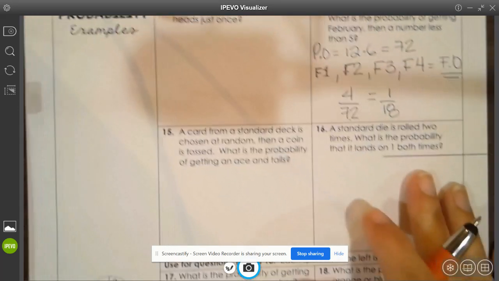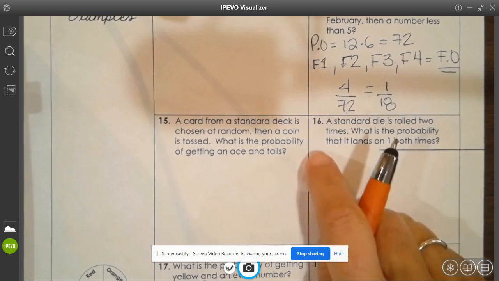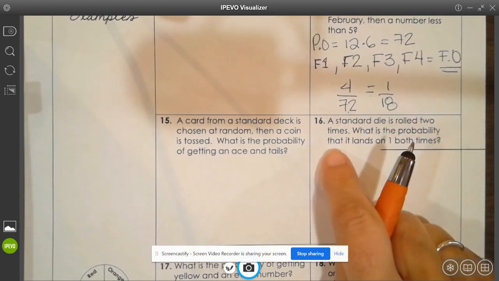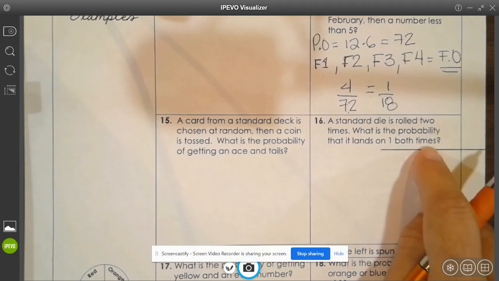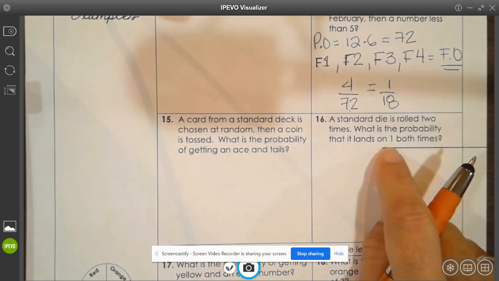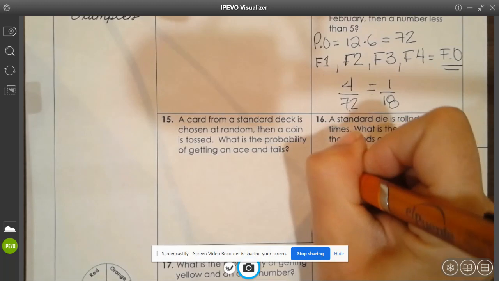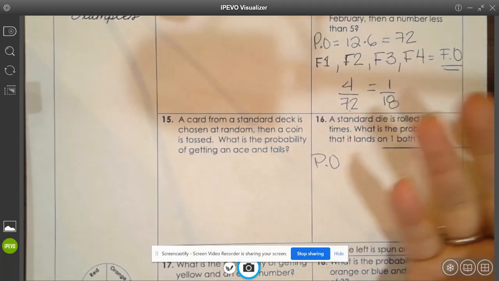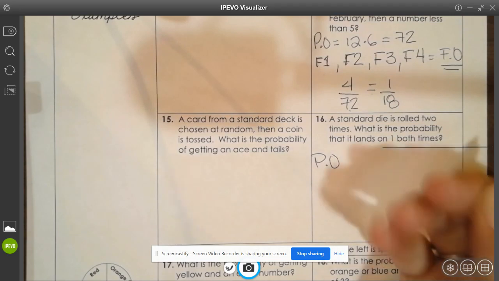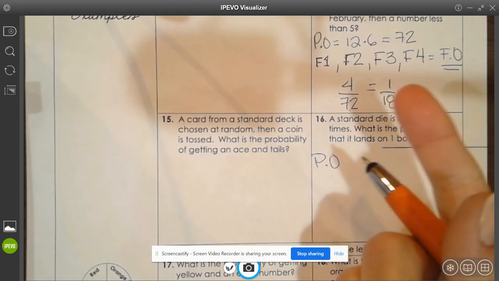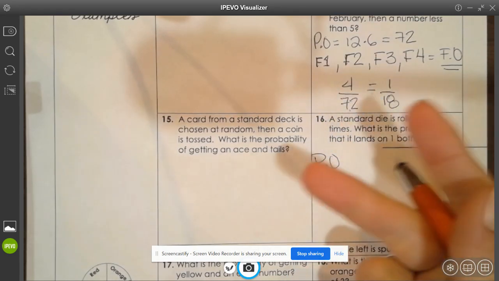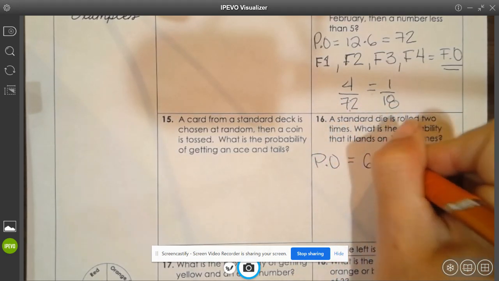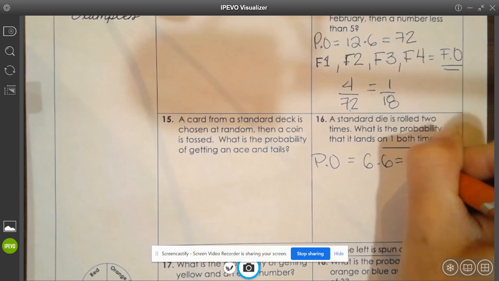All right, let's do another one just in case. A standard die is rolled 2 times. What is the probability that it lands on 1 both times? So what are the possible outcomes? The die has 6 sides, and it's rolled twice, so that is 6 times 6, which is 36.